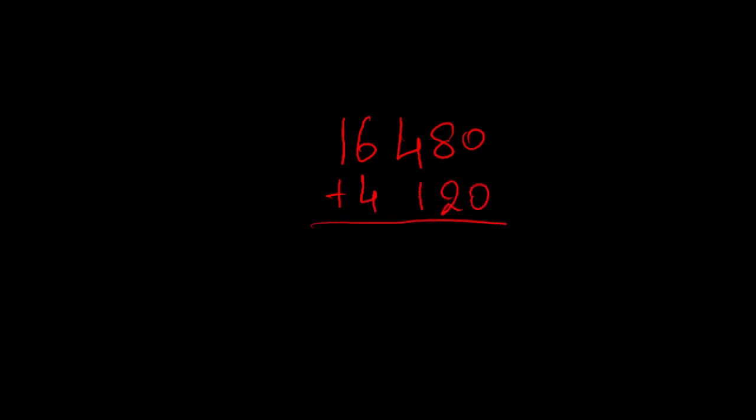Now we have 16,480 plus 4,120. Now 0 plus 0 is 0 and 8 plus 2 is 10. So 0 and 1 carry over and 1 plus 4 plus 1 is 6. And 6 plus 4 is 10. So 0 and 1 carry over and 1 plus 1 is 2.